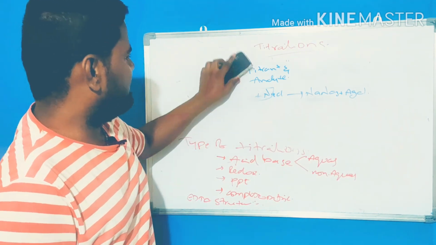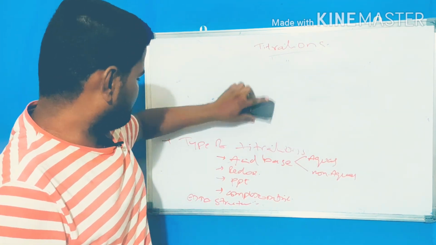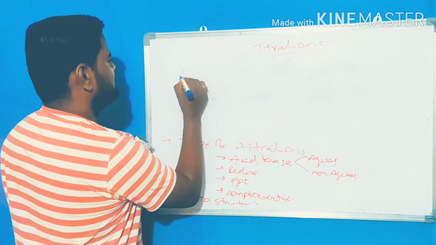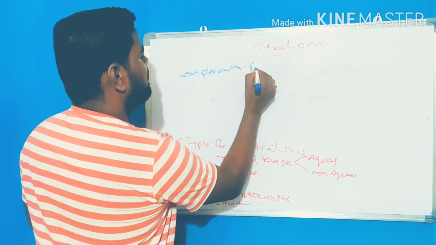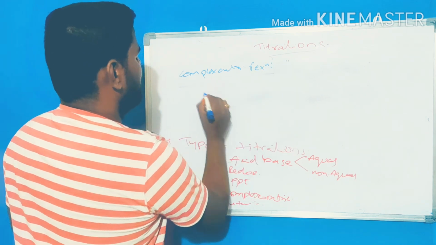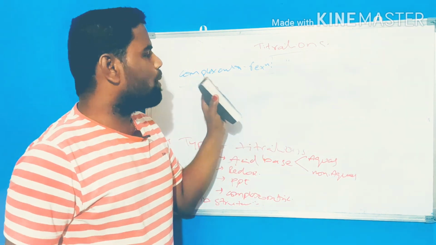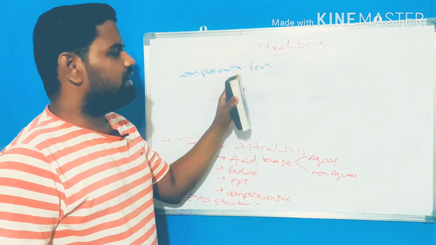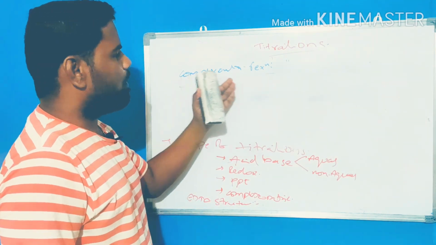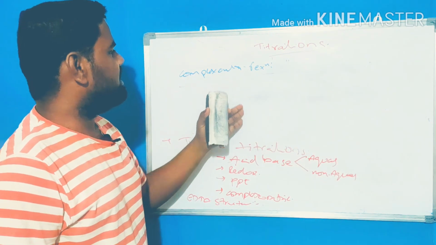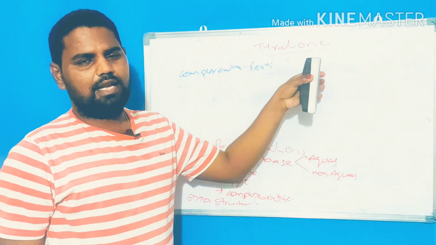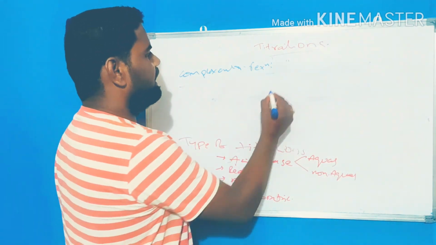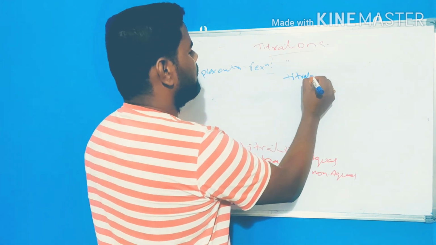Last one is complexometric reaction. In a complexometric reaction, a complex is formed in the titration between titrant and analyte.